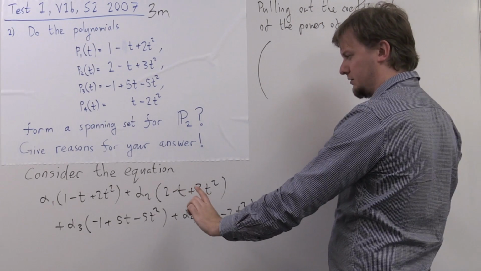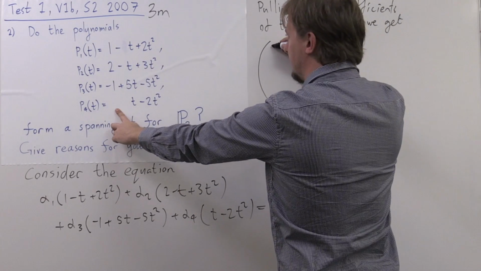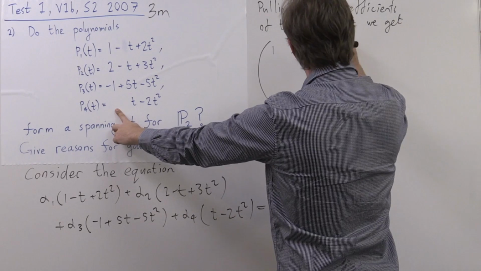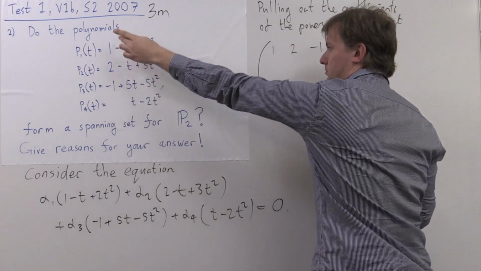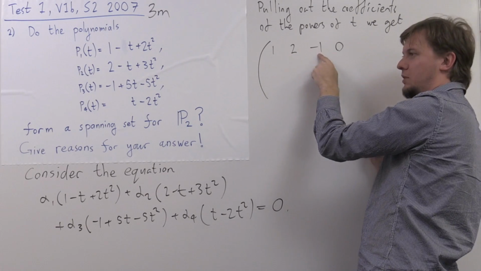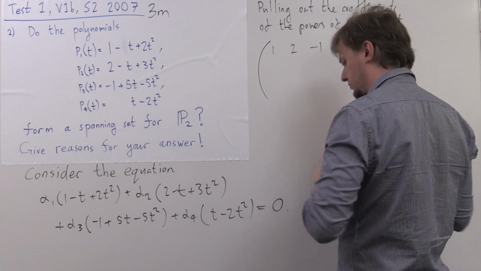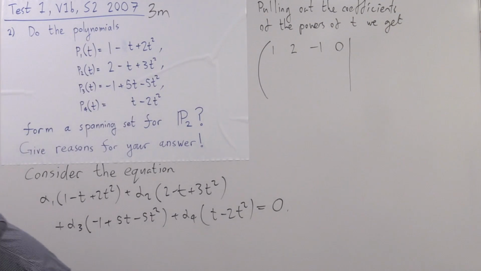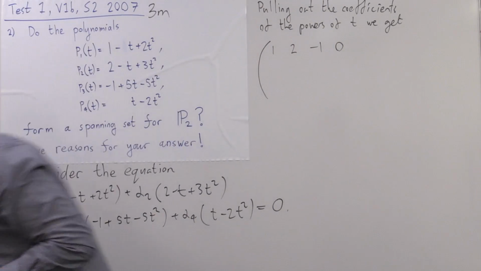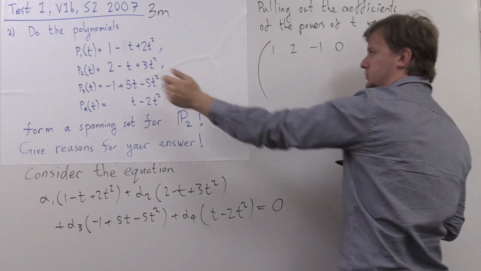If I'm pulling out the constants, I'll have a 1, 2, minus 1, 0. If you read this, it says alpha 1 plus 2 alpha 2 minus alpha 3 must equal 0, but I'm not going to put on the augmented column because it doesn't contain anything interesting. Let's put out the things which are linear in t.